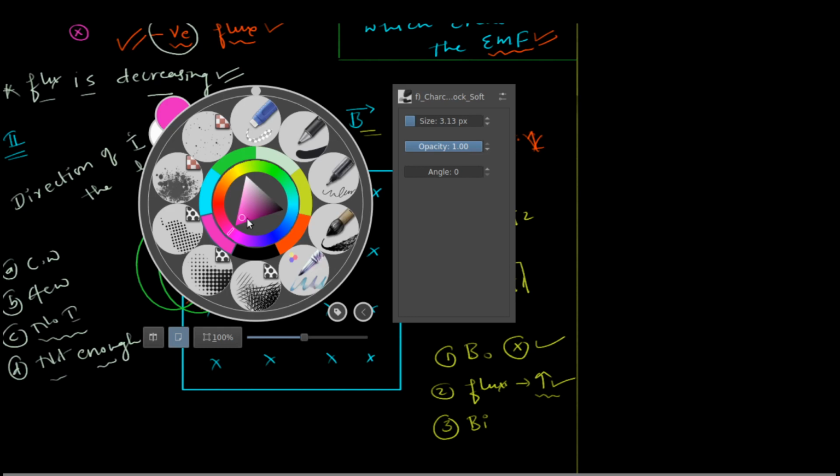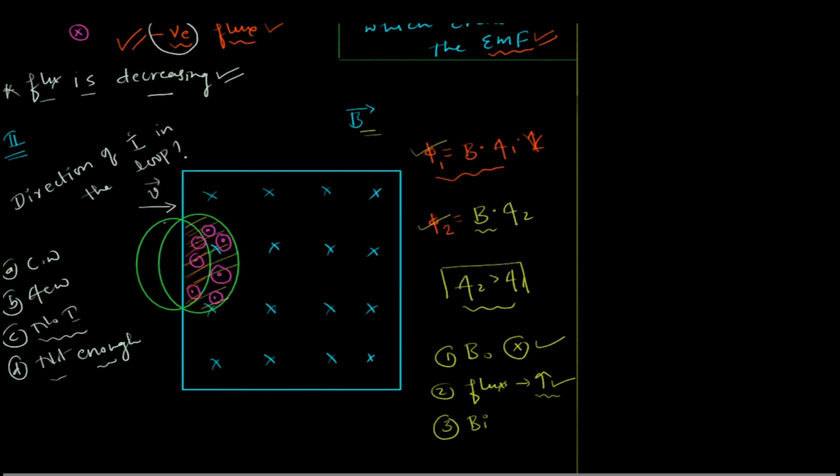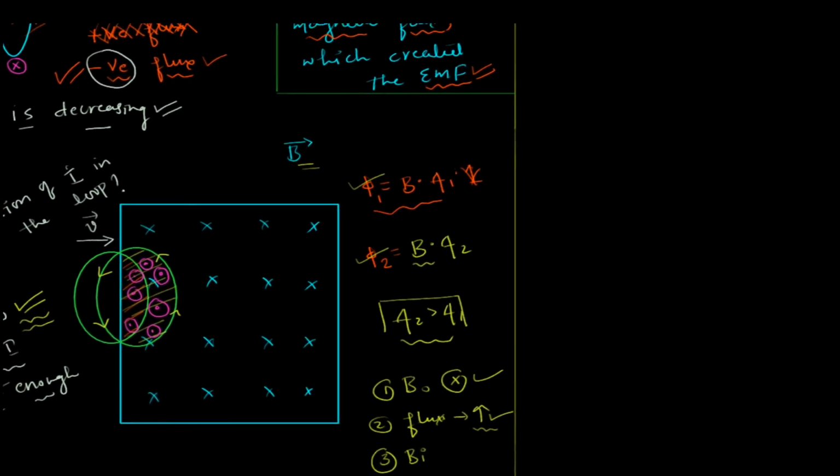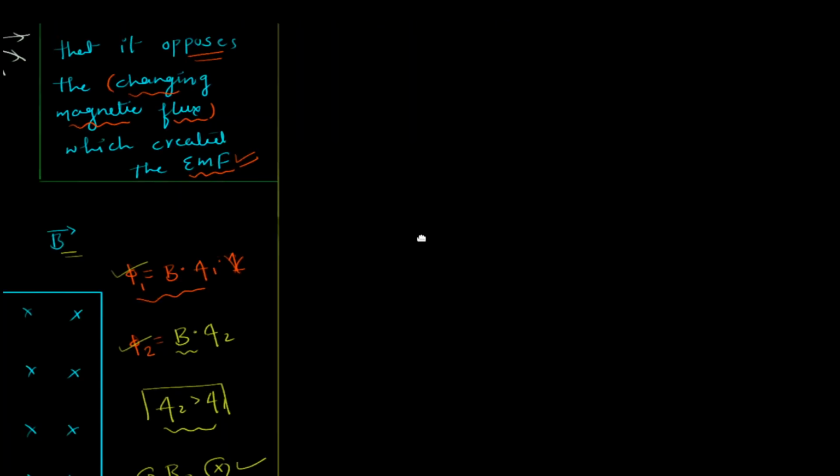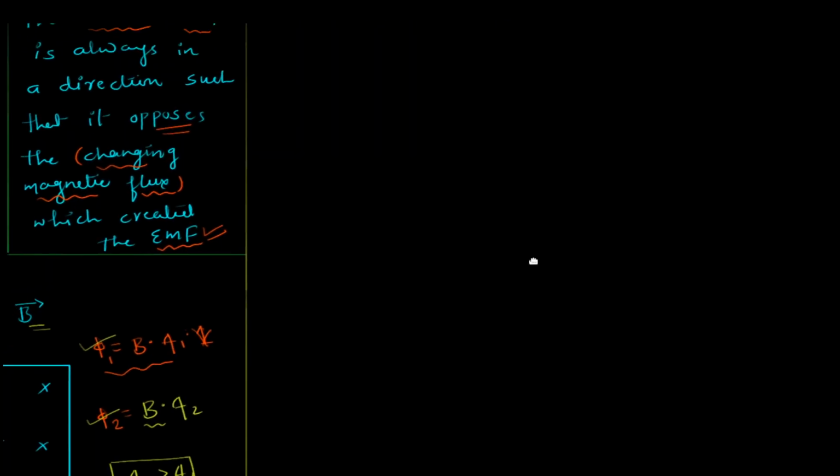Only if I can have current in this direction, the yellow lines, can I have magnetic field coming outside. Alright, so therefore the answer to that question, what's the direction of current, is anti-clockwise. Answer is anti-clockwise.